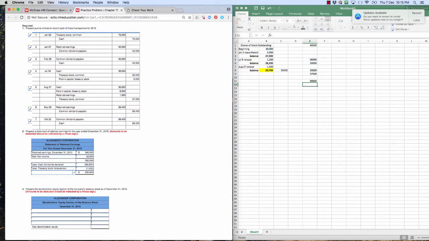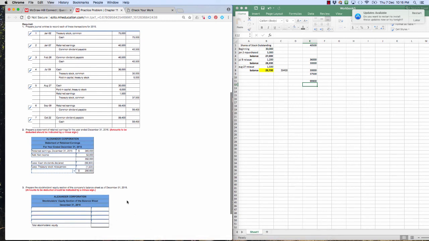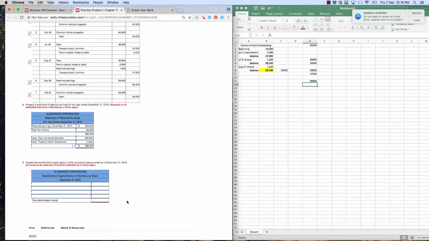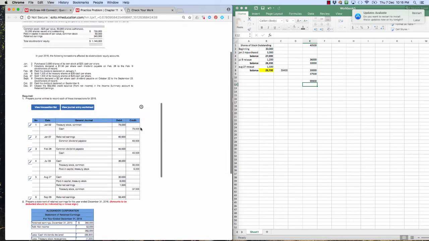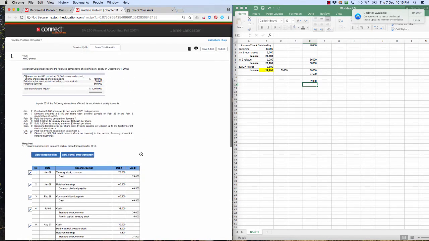So the very last bit we have to do is figure out that section on the balance sheet that deals with retained earnings, and that deals with shareholders' equity. And that always follows a pretty straight pattern. We start with just the book value of the stock that we've issued, right? And that's this amount here, common stock.